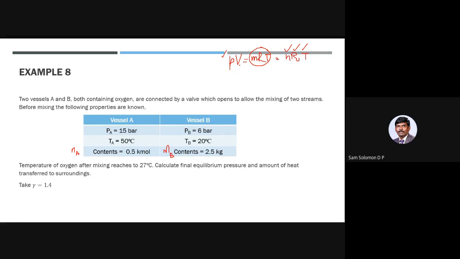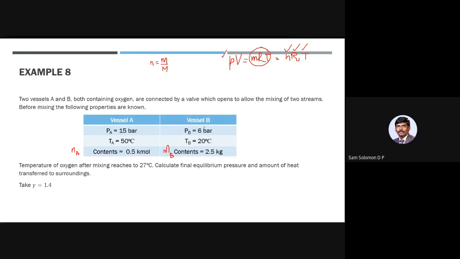As for Ma, you can straight away get it, because what is given to you is oxygen. You can use the relation number of moles equal to mass by molecular mass, so mass will be number of moles into molecular mass. Molecular mass of oxygen is 32. So 32 into 0.5 will give you the mass of oxygen in vessel A.